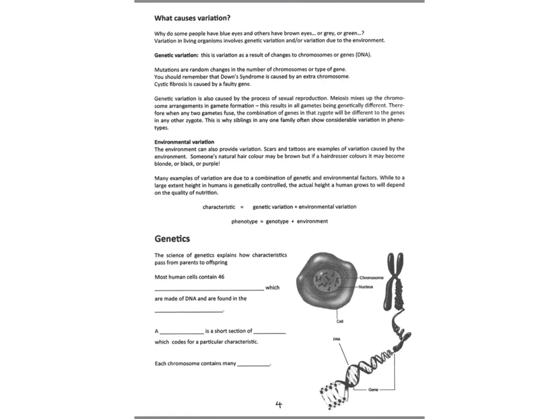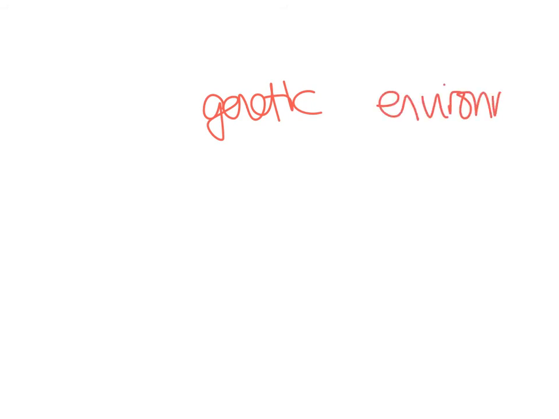And so there is a kind of interaction between your genes and your diet, what you do, whether you get scars and so on. So we're talking about there being a connection between your genetic variation and the environmental variation. Now, the characteristic that you have, whether that is your height or your weight or your skin colour.